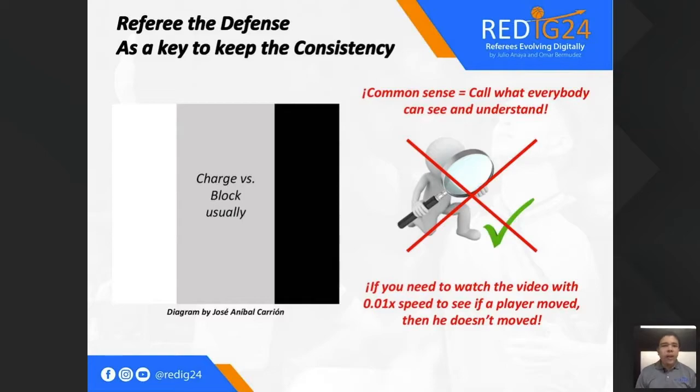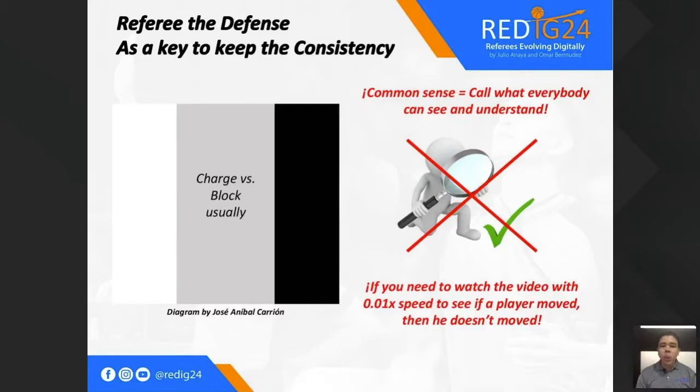If everybody's watching that the player is stationary, and you watch that he moved a bit, 1 centimeter, 5 centimeters to the front, and that's why you call the block, then it might not be in the same sense as the players, coaches, fans, and everybody around you. So try to call in these charge and block situations, applying the principle, watching the defender on time, but calling something everybody can see and everybody can understand.